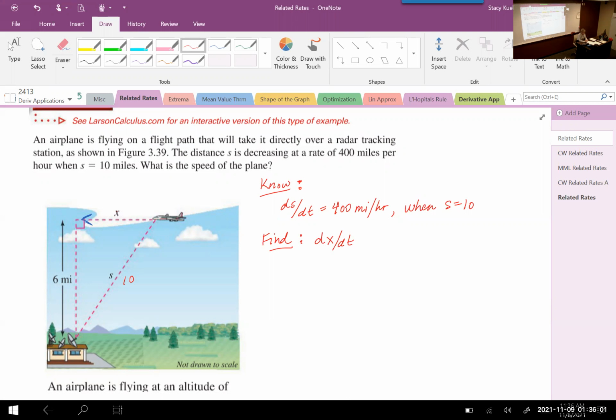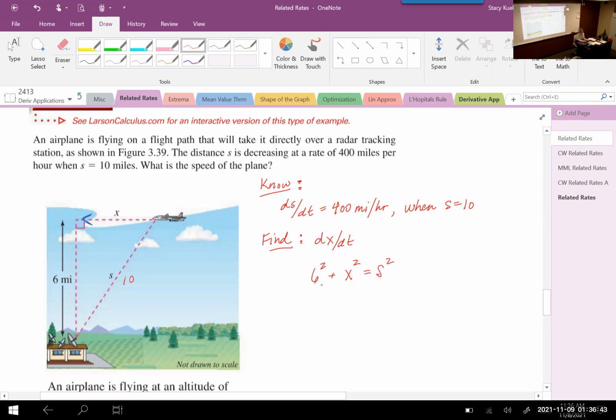All right, so I do need to know a little bit of information, but I know that I would have this side, 6 squared plus x squared is equal to s squared. Just before I've done anything. Now, why is 6 going to be constant in this particular case? Because the plane is always 6 miles above. Very good. So that one is going to be constant. The hypotenuse s is changing. The x distance is changing.